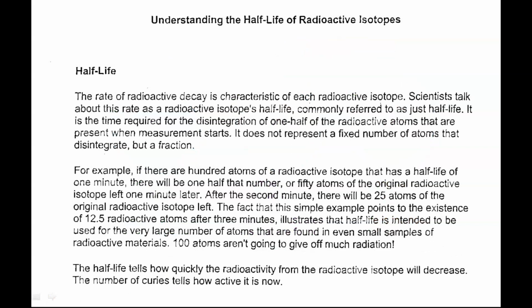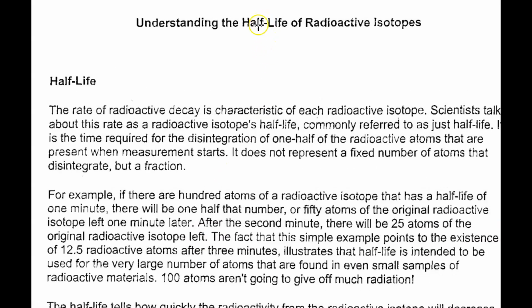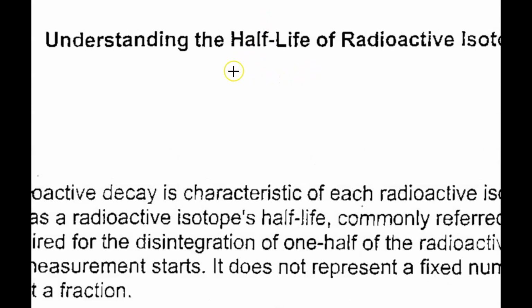So when we look at different isotopes, we would like to know how stable a particular isotope is, and that will help us to decide how we can use this isotope, or how we can store it, or how we can dispose of it, etc. And also we will know how to protect ourselves. So to understand better what's going on, we have to look at the so-called half-life of radioactive isotopes.